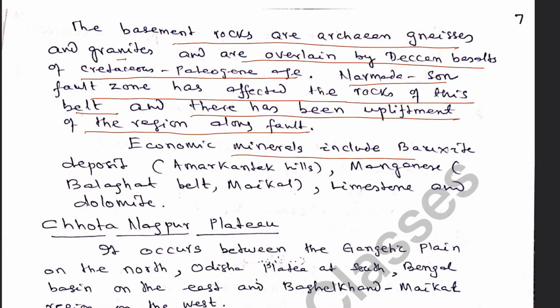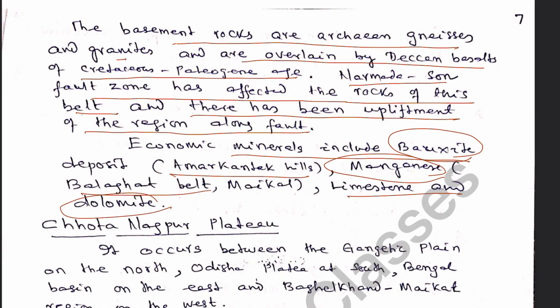And the economic minerals that are found in this region include bauxite in Amarkantak hills, manganese in Balghat zone, limestones and dolomites. They occur within the Satpura group of rocks.